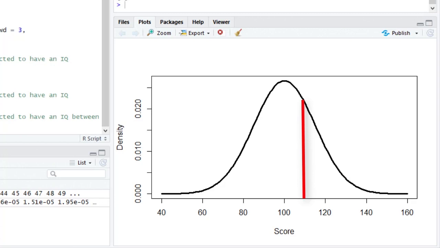If the proportion for the entire distribution is 1, and if p-norm calculates the proportion of the distribution that is below 110, we can subtract this proportion from 1 to obtain the proportion above 110.